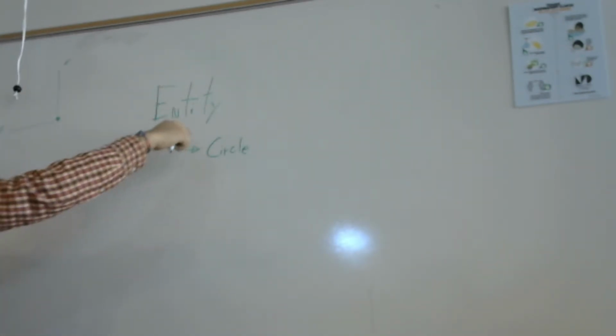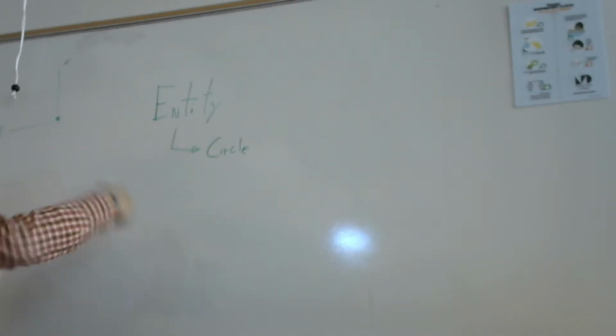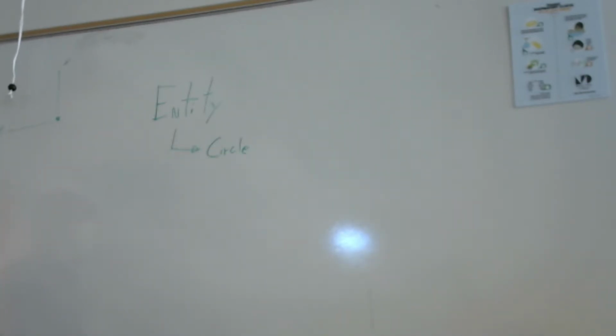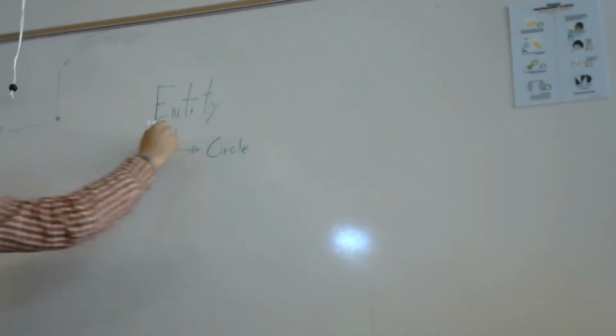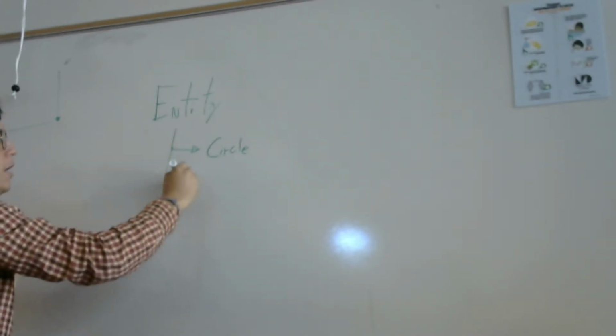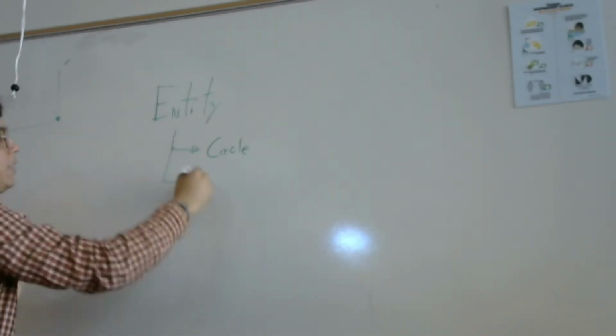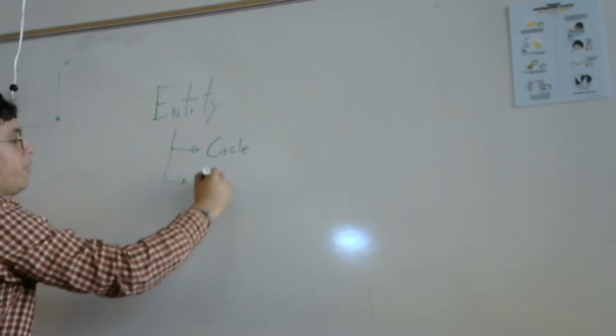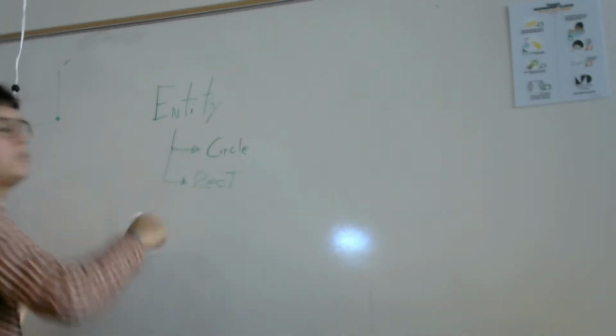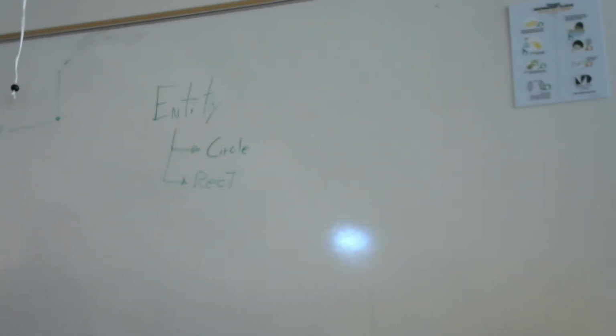Now, this is later inherited by the circle. The circle is what gives it a shape. This is what gives us the geometrical properties for the collision. So if we end up making a square here, it will be a different child of entity. I might just call it rectangle. What does this guy have?